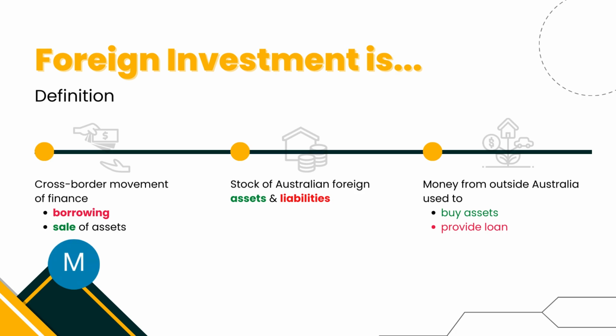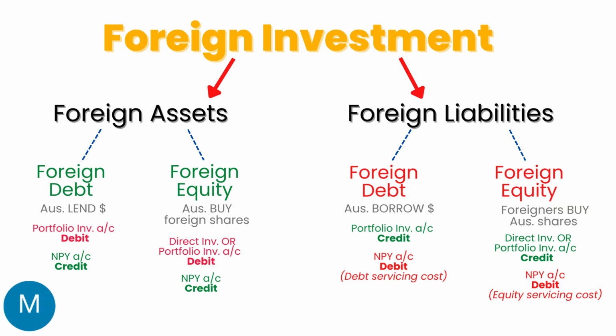In summary, we could conclude that foreign investment is cross-border movement of finance through borrowing or lending, purchase or sale of assets. Money from outside Australia is used by the non-resident or the foreign investor to buy assets in Australia or to provide loans to the domestic individuals or residents. All these forms of foreign investment would affect the stock of Australians' foreign assets and liabilities.